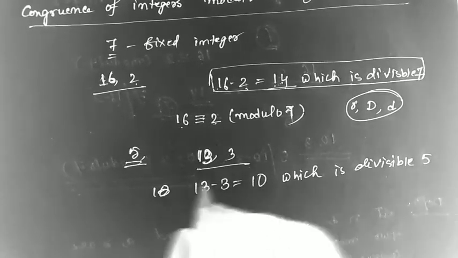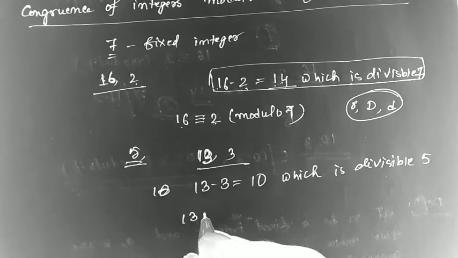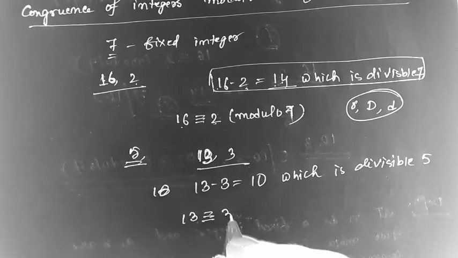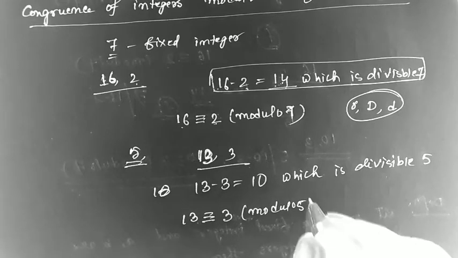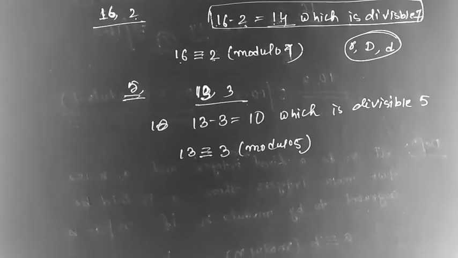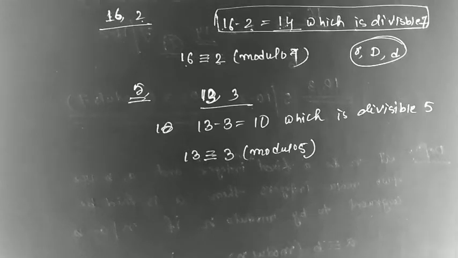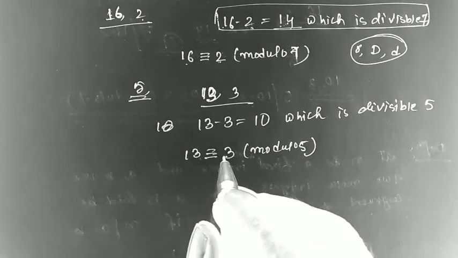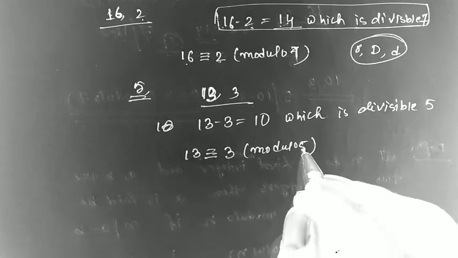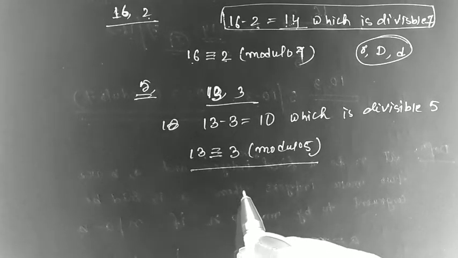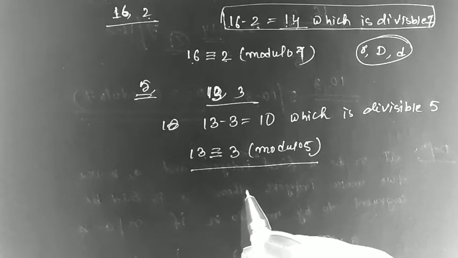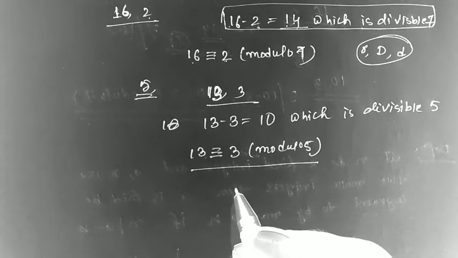And this is written as 13 is congruent to 3 modulo 5. That means when a fixed number divides the difference of two numbers, this is represented in a special arrangement in advanced mathematics, which is called congruence of integers modulo a fixed integer.